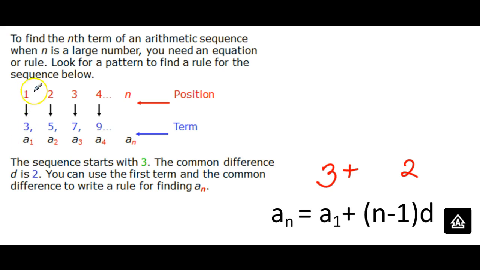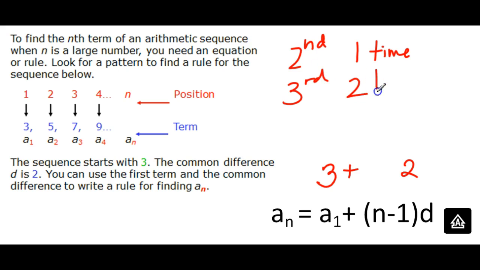To get to the second term, I added 2 one time. To get to the third term, I added 2 two times. To get to the fourth term, plus 2, plus 2, plus 2, I added 2 three times.